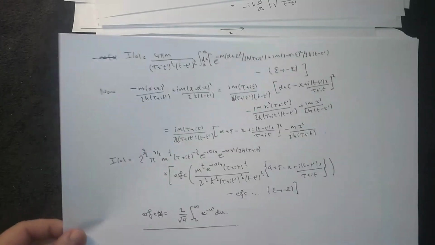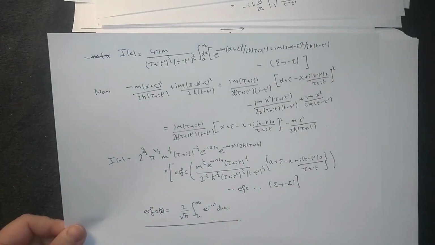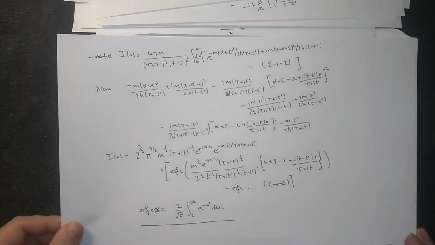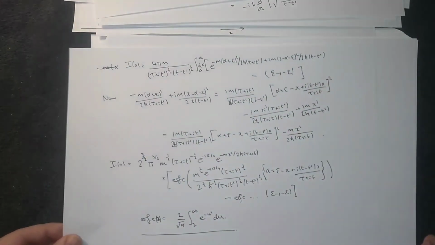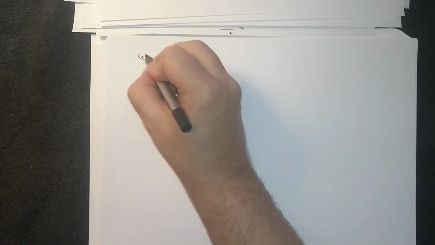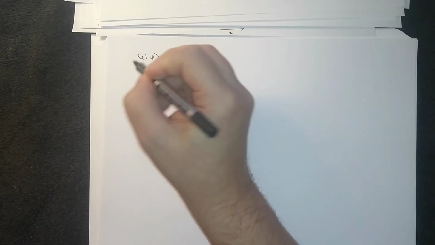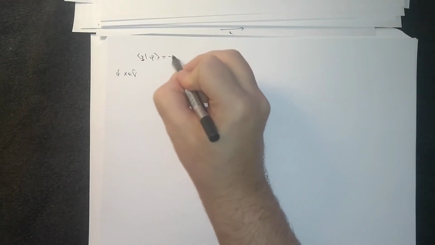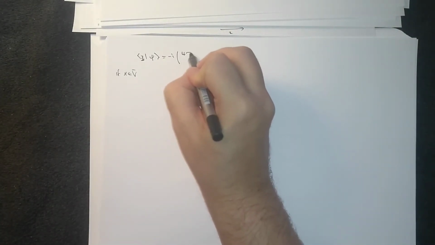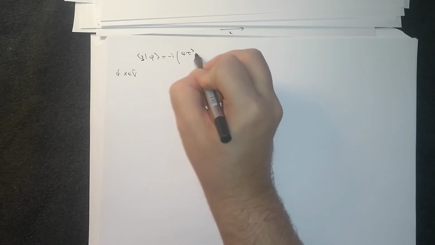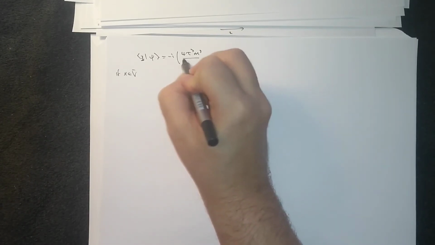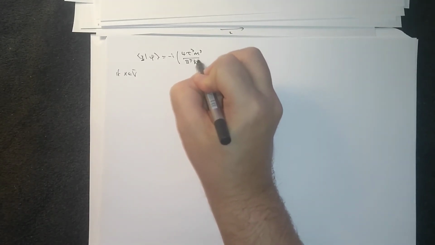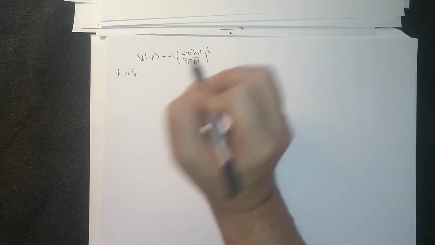So this lets us work out the wave function. So putting all of this together, we finally get the wave function in the exterior region. So this is for x in V bar: minus I 4 tau to the 3 m to the 5 over pi to the 5 h bar to the 5, to the quarter. That's just collecting all the coefficients together.